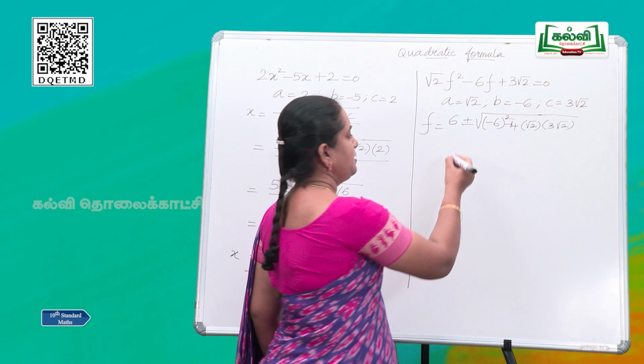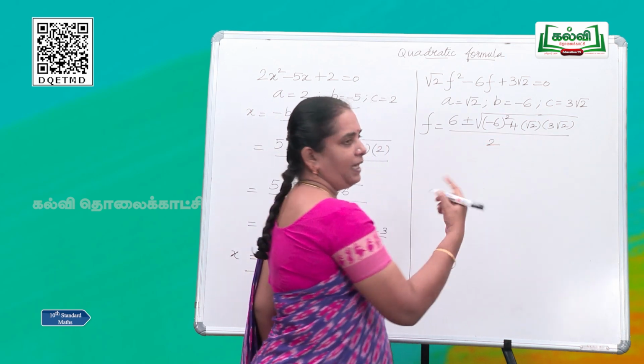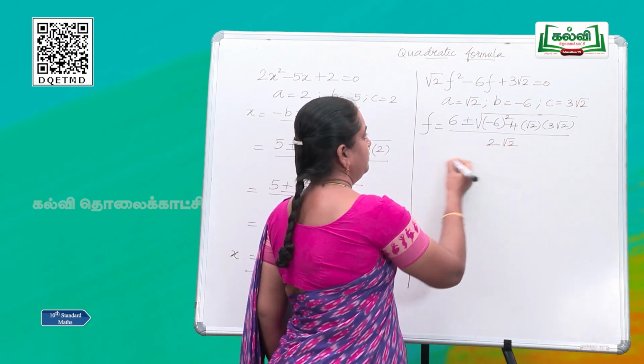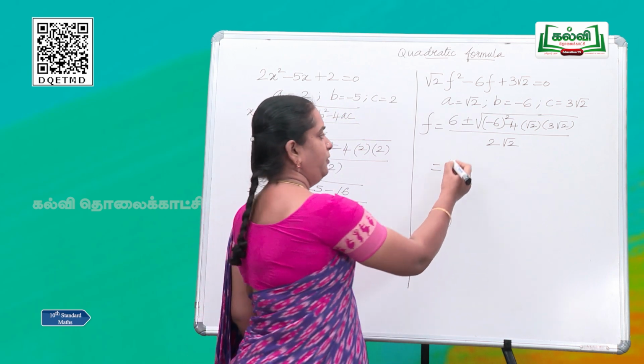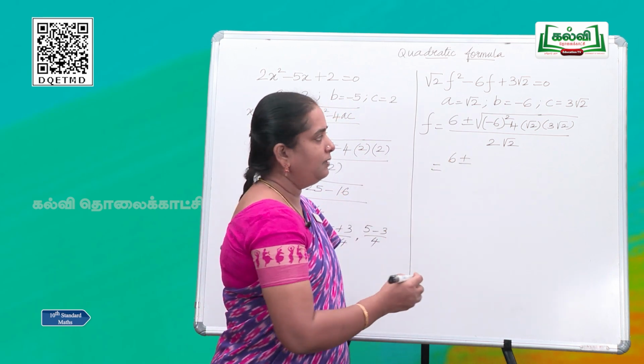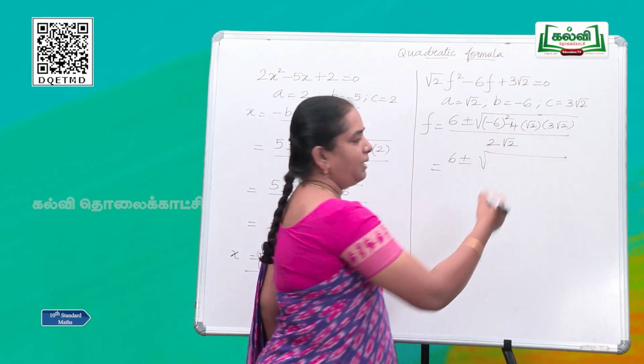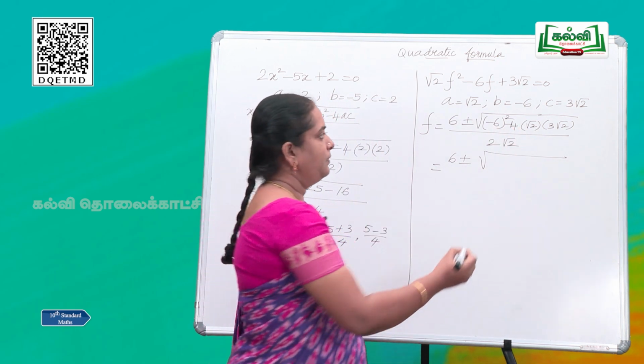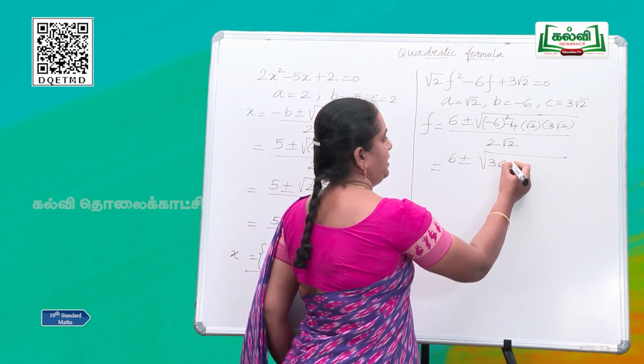Okay, just substitute 2a is root 2. So, very good, you are following. Root of minus 6 the whole square is 36.